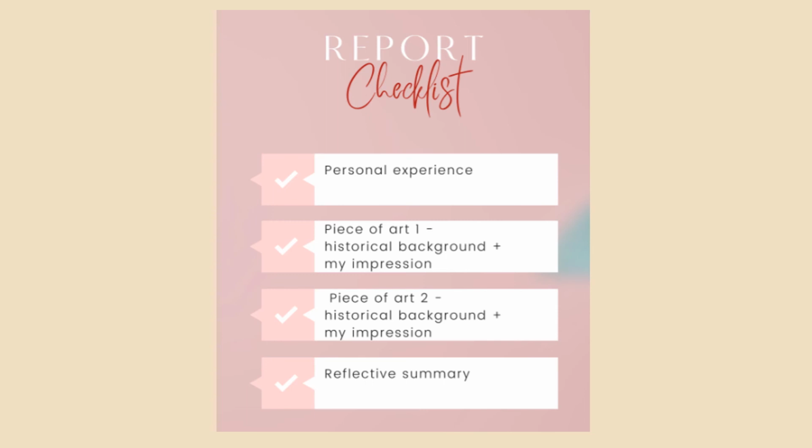Move on to piece of art number 2, repeating the same procedure, the same elements as for piece of art number 1. And finally, write a reflective summary. Once you have ticked all these, you are ready to send your final product to your teacher.